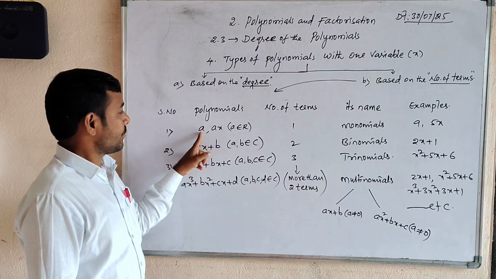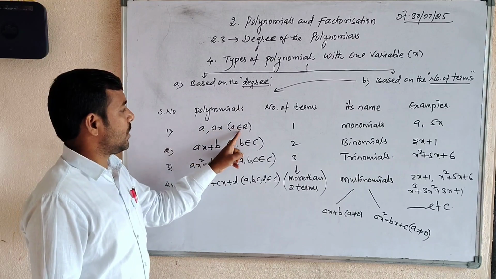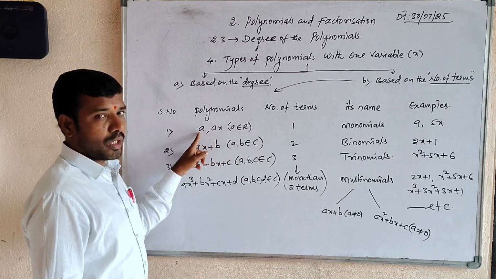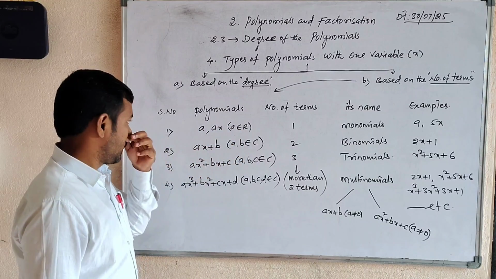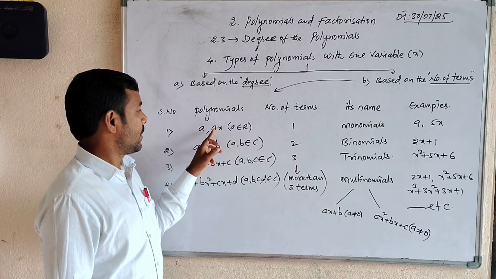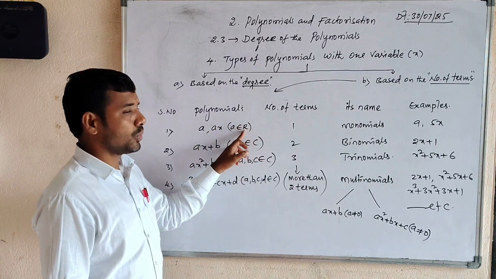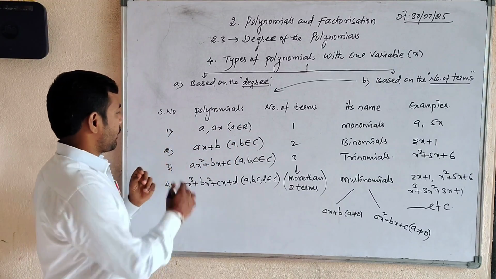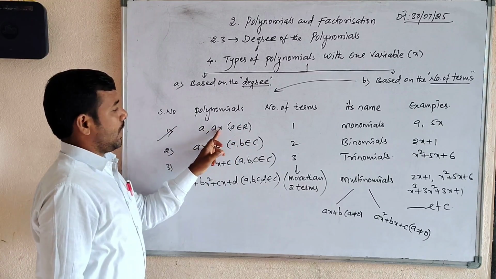A, which is called a real number. A is one of the real numbers, that's it. And ax. In this ax, a is one of the real numbers only. You choose whatever real number. That is your concern. The thing is, a and ax.